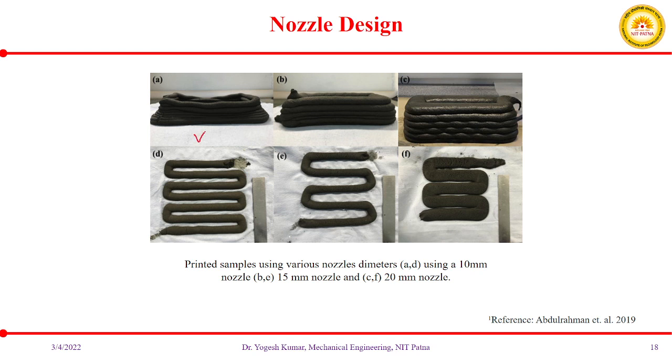I have taken them as examples to make it clearer how the material is extruded in additive manufacturing processes and how it is deposited on the build platform or on the previously printed layer. One reference is given from where I have taken these figures.